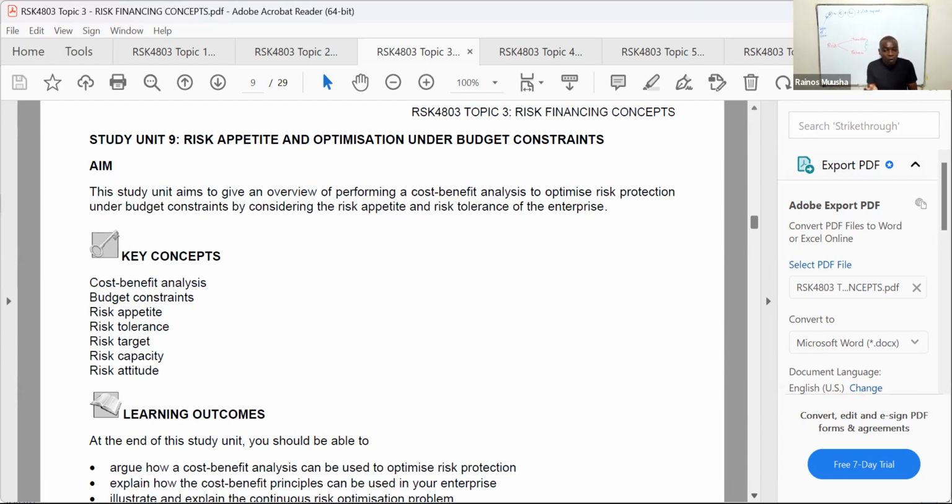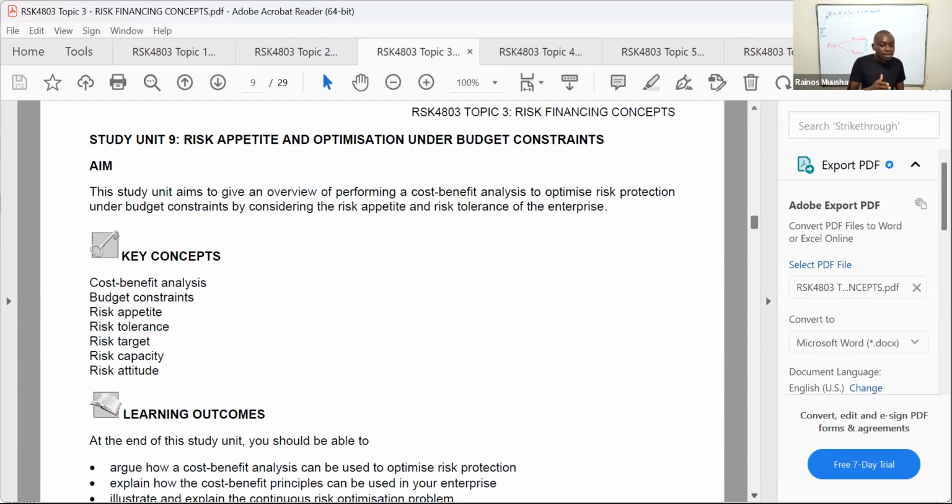But then they go on further to say, for you to reach that optimum level, not everyone is able to achieve it or can afford the premium. For example, you can say that you need to pay 2,000 Rand as a premium for your insurance component, right?